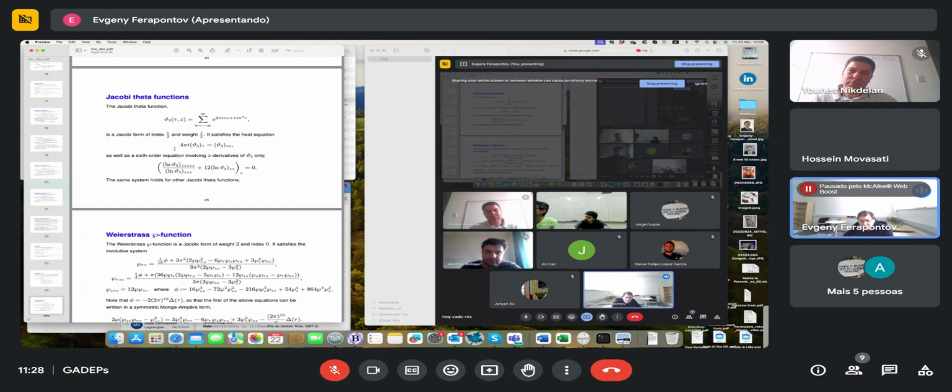But this is exactly what we did. We took the first few entries in this modularity table, right? So we take a particular elliptic curve, we take the corresponding modular form of weight 2, and we construct our differential equation. It gives us an algebraic curve of genus 1 with singularities, which is birationally equivalent to the curve you started with.